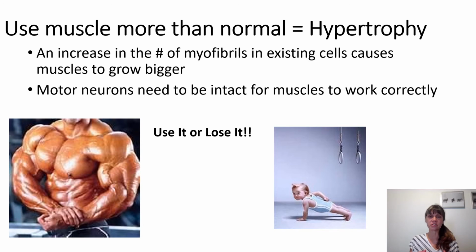With hypertrophy, we see an increase in the number of myofibrils in the existing muscle fibers. That's what causes muscles to grow bigger. And motor neurons always need to be intact for muscles to work correctly. We either use it or we lose it.